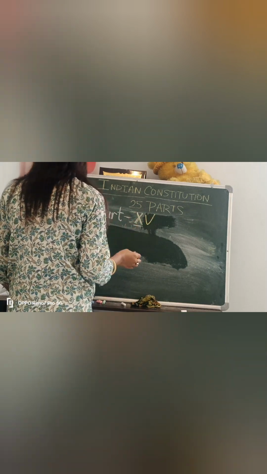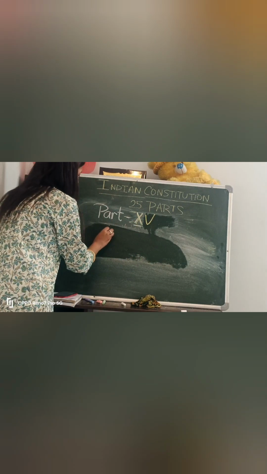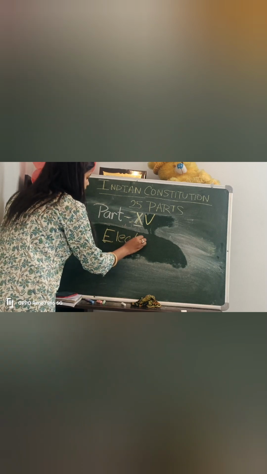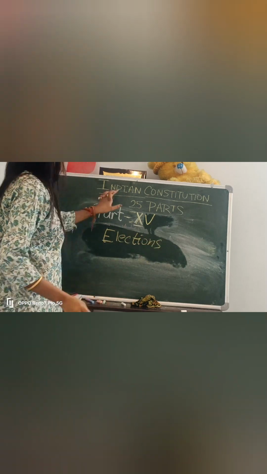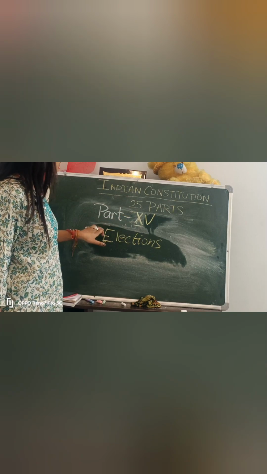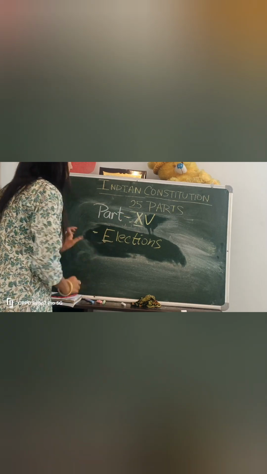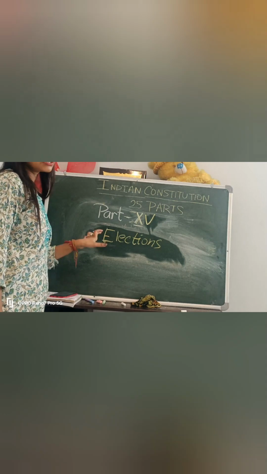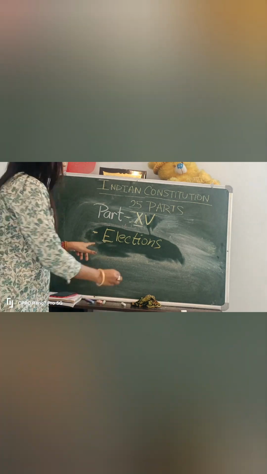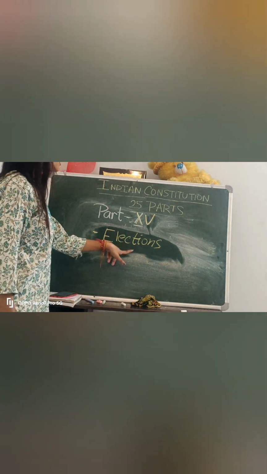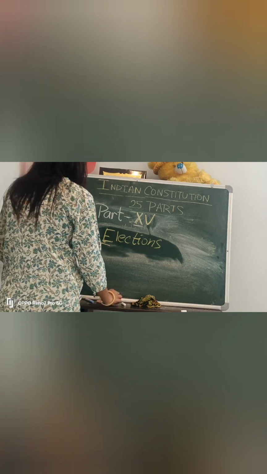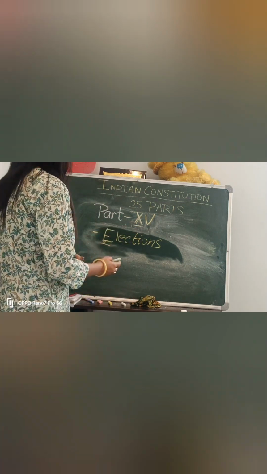Next is part 15. Part 15 of the Indian Constitution is election. You may see in your mnemonics the word E, election. Part 15 is elections. What is part 16?